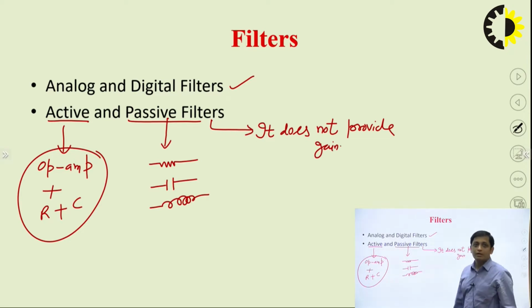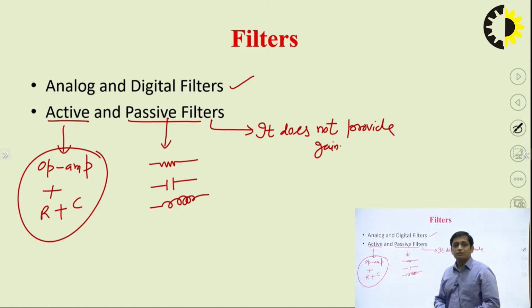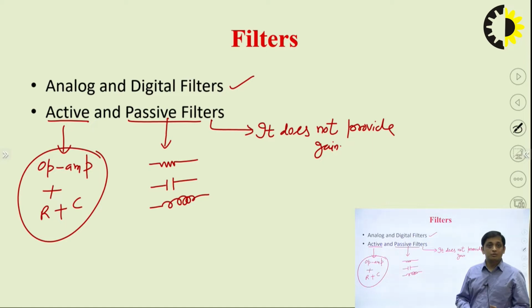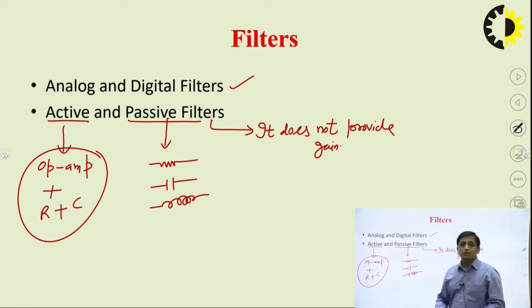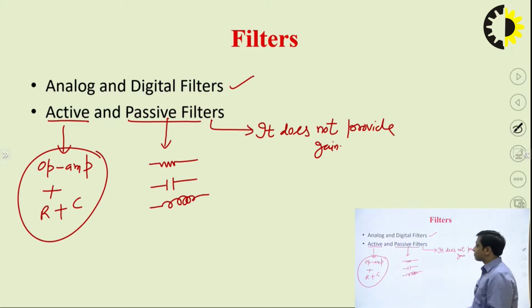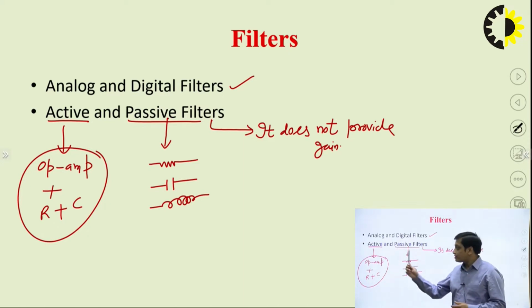While active filters, since they use an op-amp, provide gain. That is the first difference: the active filter provides gain, and the passive filter does not. That is the advantage of the active filter over the passive filter.